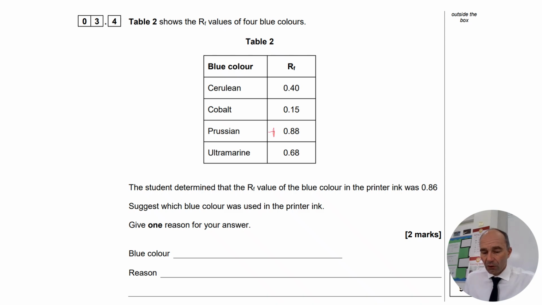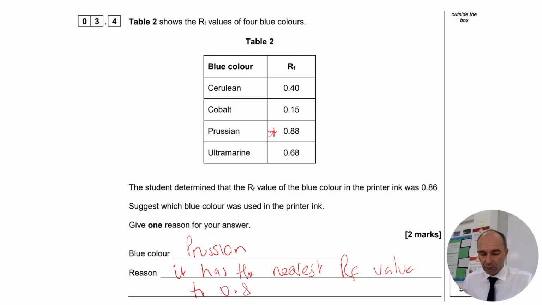Well, clearly 0.88 is the nearest value, so there's a good chance that the Prussian blue colour is the one that was used, and the reason is it has the nearest RF value to the printer ink, or to the 0.86, and that's the kind of answer you need to give. Now again, that question is worth a total of 9 marks, so well done if you got all 9 of them.